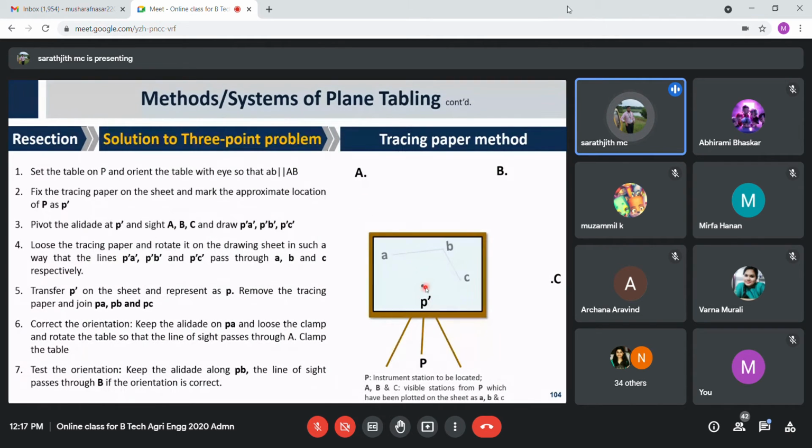From P dash, you are going to sight A and draw a ray from P dash as P dash A dash, P dash B dash, P dash C dash. All these stations will be sighted and corresponding rays will be drawn on the tracing sheet.